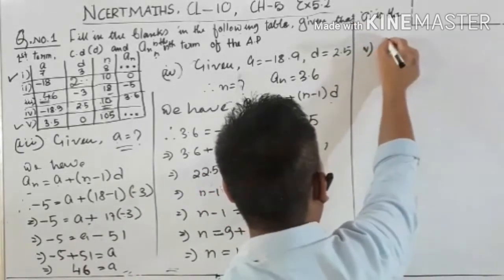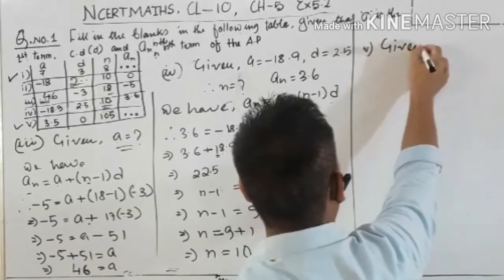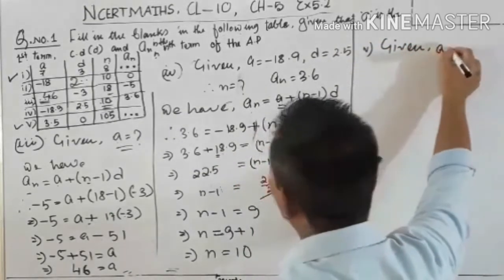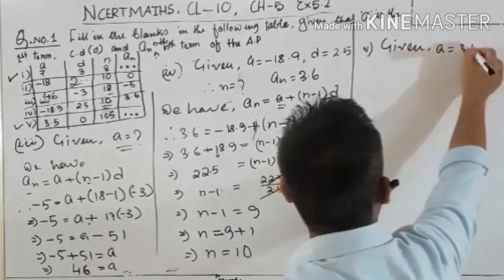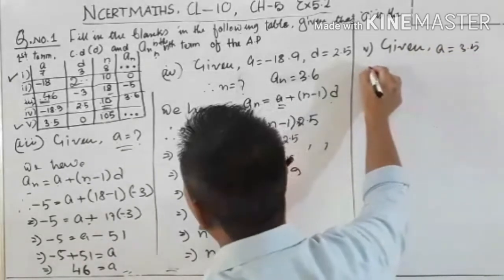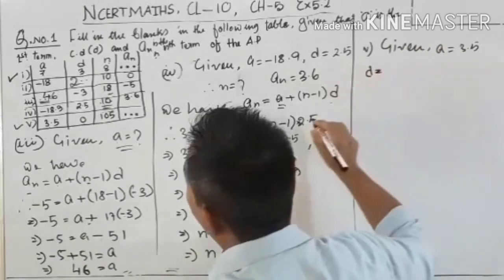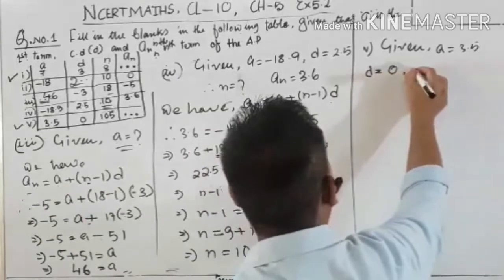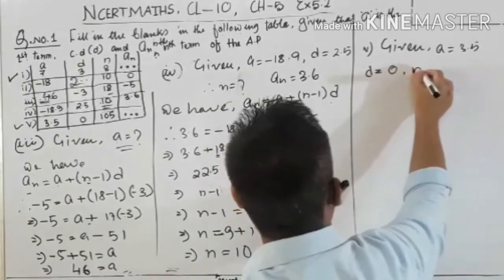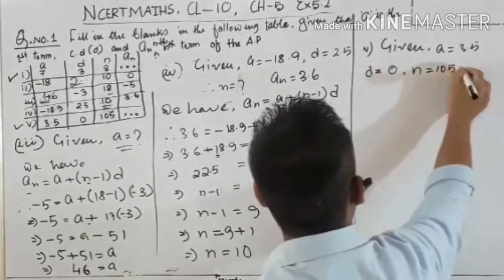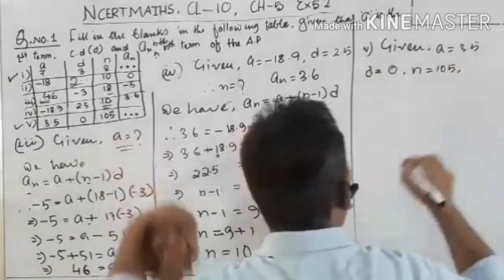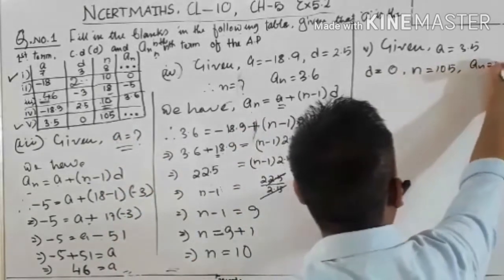Roman number 5 is given. a equals 3.5 and d equals 0 and n equals 105. What is not given? The nth term is not given, that is the question mark.